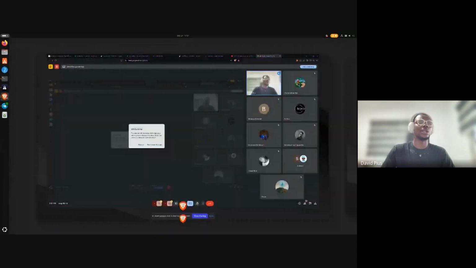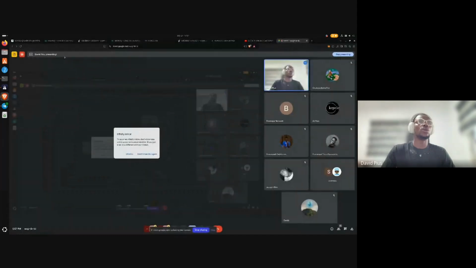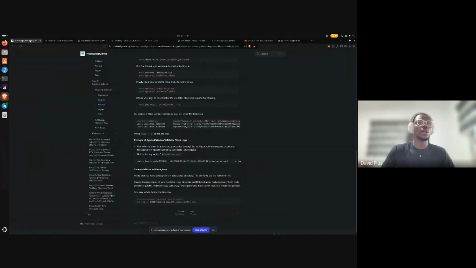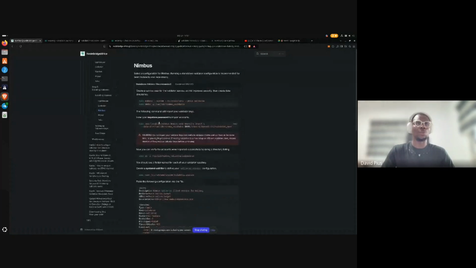So when I was saying you just need to run these software, you're basically running some set of software. For instance, if you want to set this up yourself, this is documentation from Nodebridge.